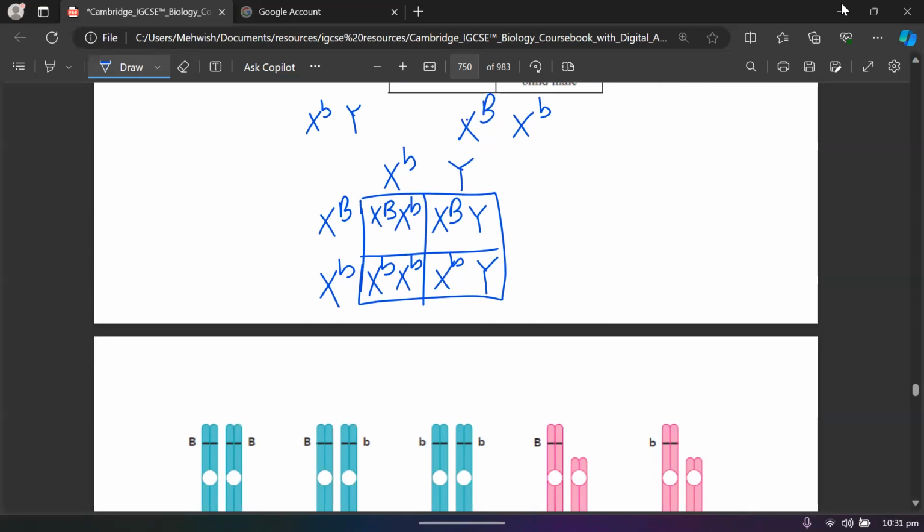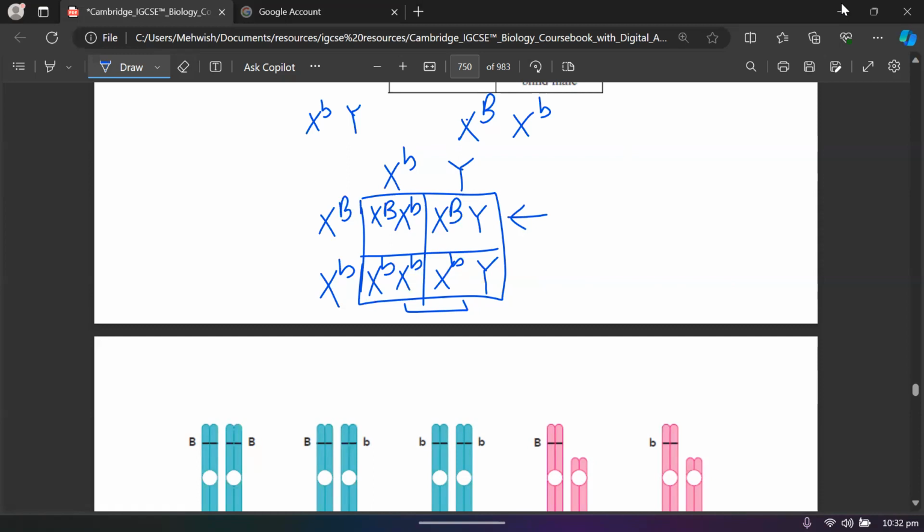There are 50% chances for their children to be colorblind, and 50% chances for their children to have normal color vision, right? So these are some unique examples of color blindness, or you can say X-linked characteristics. There are so many other diseases, because the Y chromosome does not carry alleles for the genes that are present on the X chromosome.